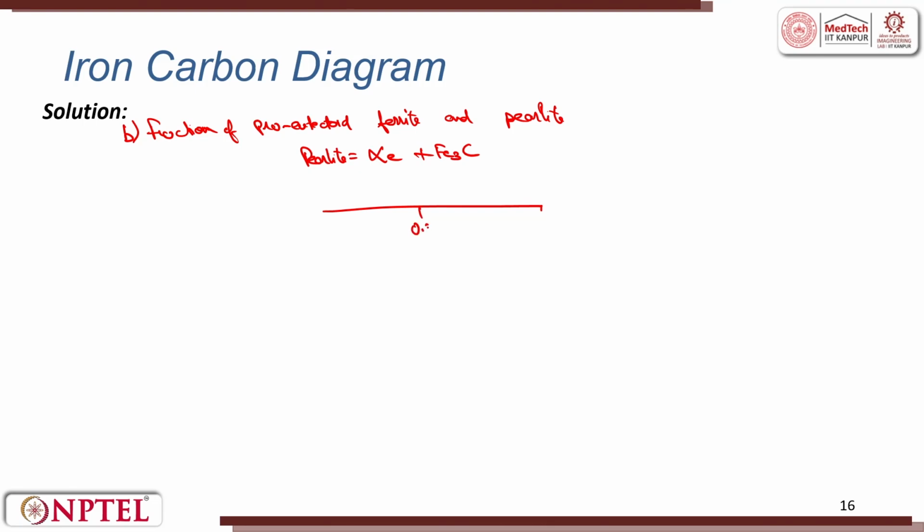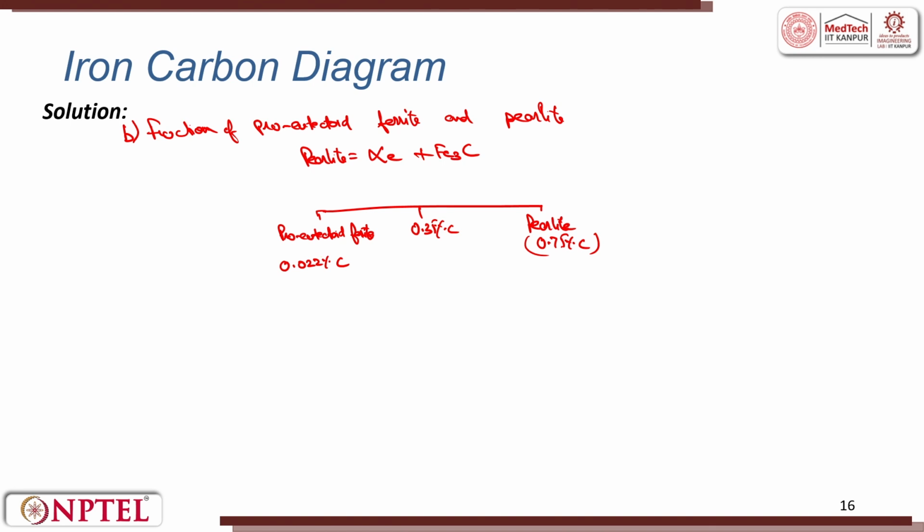We have 0.35 percentage here and we have pearlite here, that is 0.76 percentage of carbon, and proeutectoid ferrite, which is equal to 0.022 percentage of carbon.